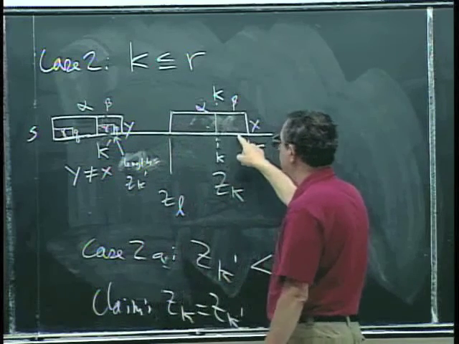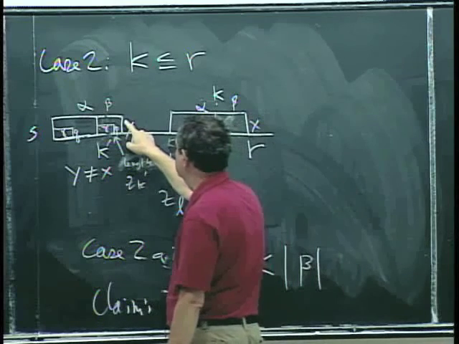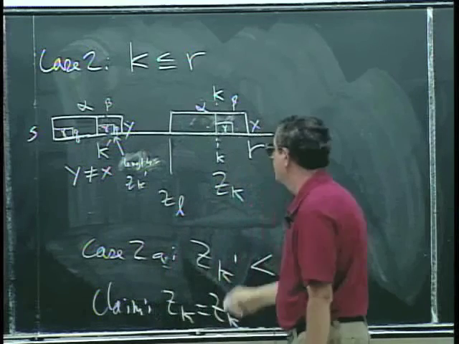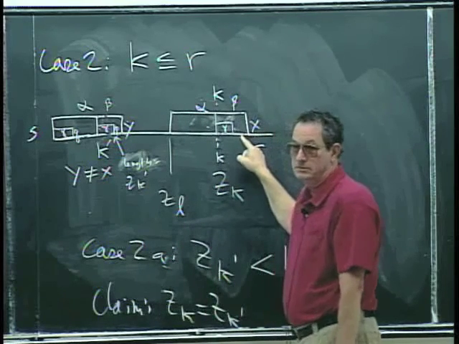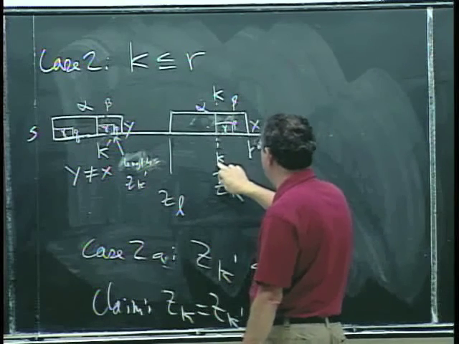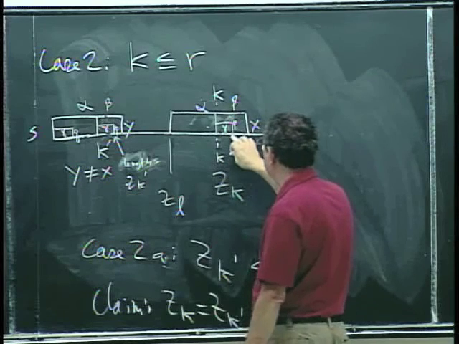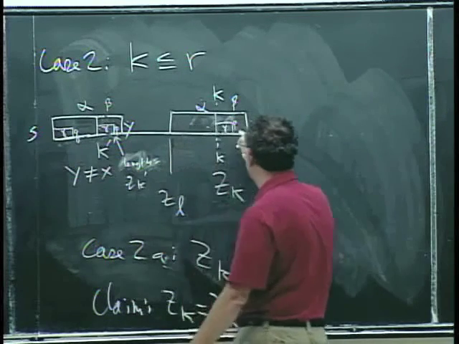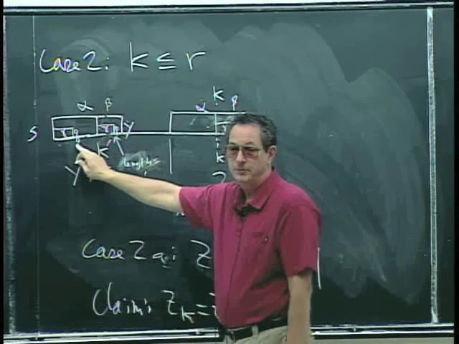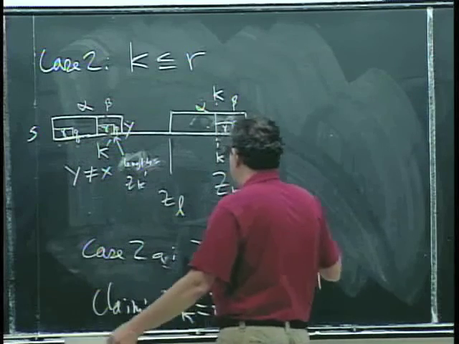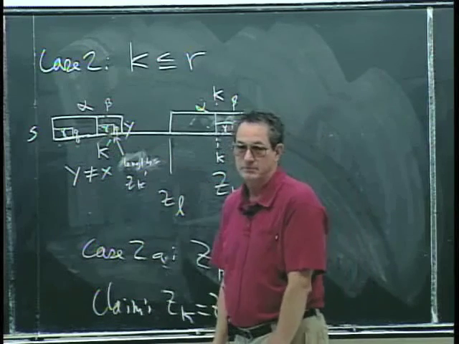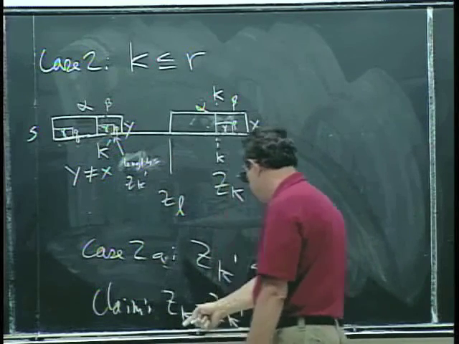Over here, this is beta, so this must be gamma inside there. What's this next character? It's p. So starting from position K, we have a substring gamma that matches a prefix. The next character over is p, which we know does not match the next character over because that's q. Q is not equal to p. So there we have explicitly that ZK equals ZK prime.